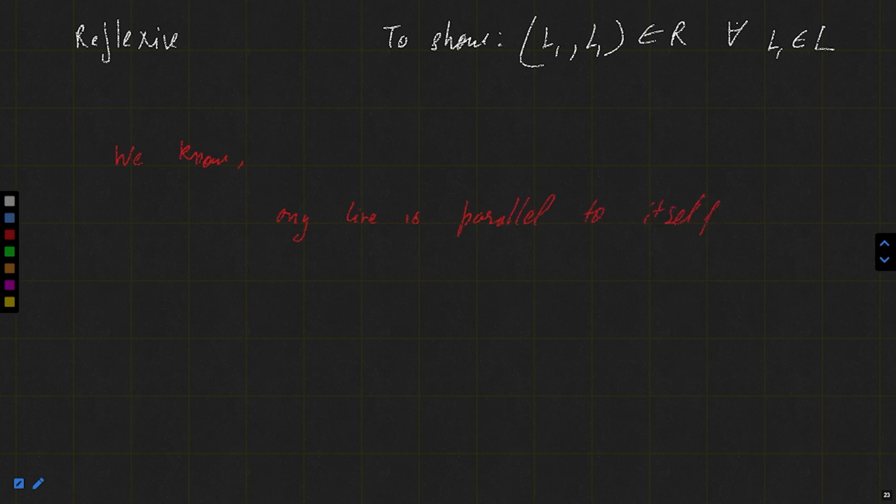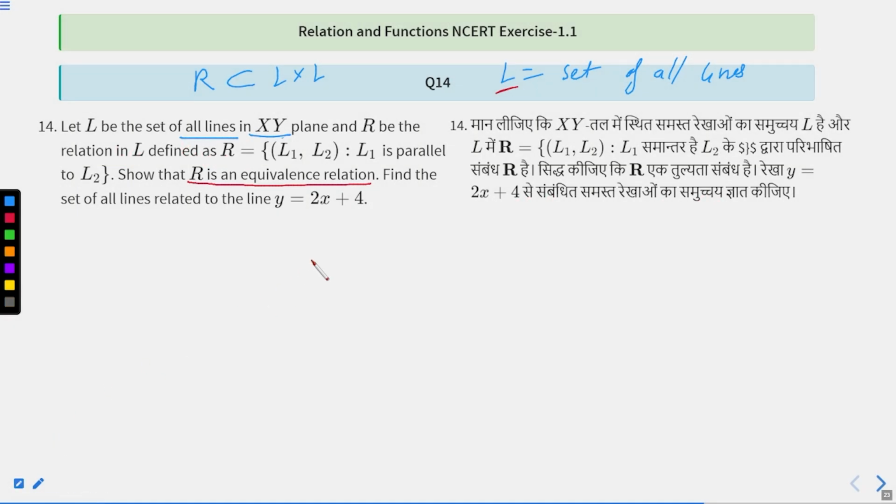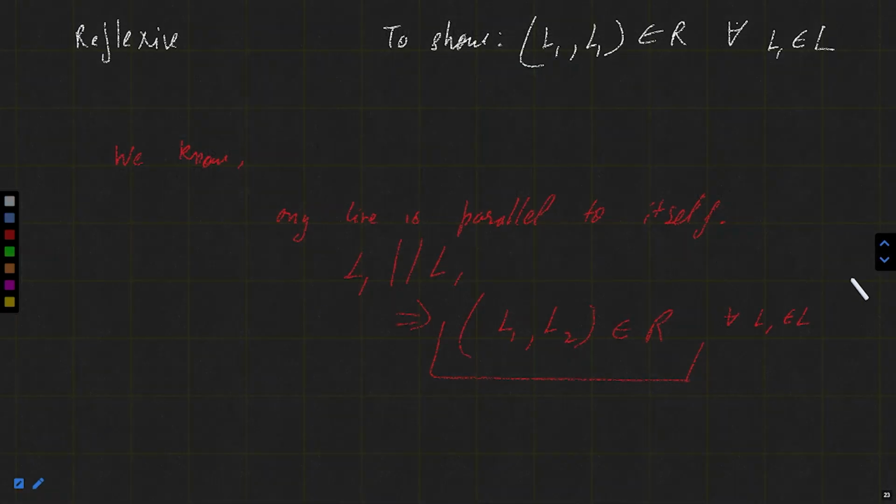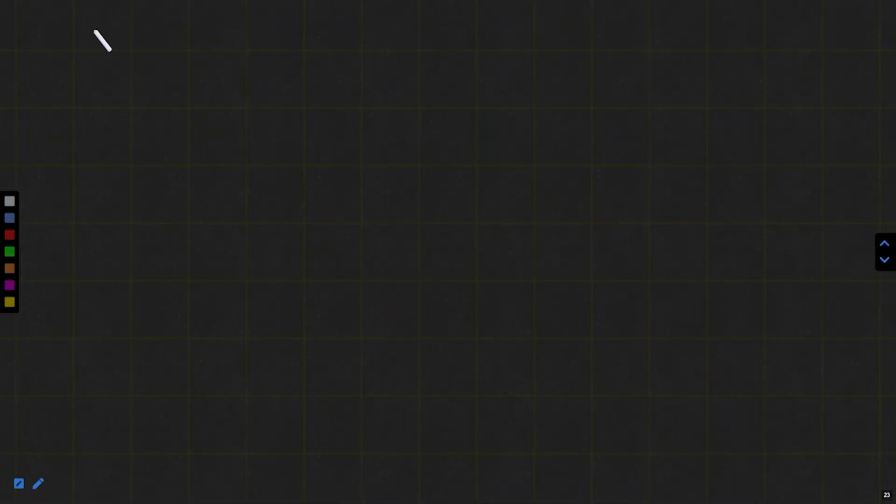This means L1 is parallel to L1. This implies (L1, L1) belongs to the relation R for every L1 belonging to L. So this means it is reflexive. We showed reflexive. Now, what about symmetric?